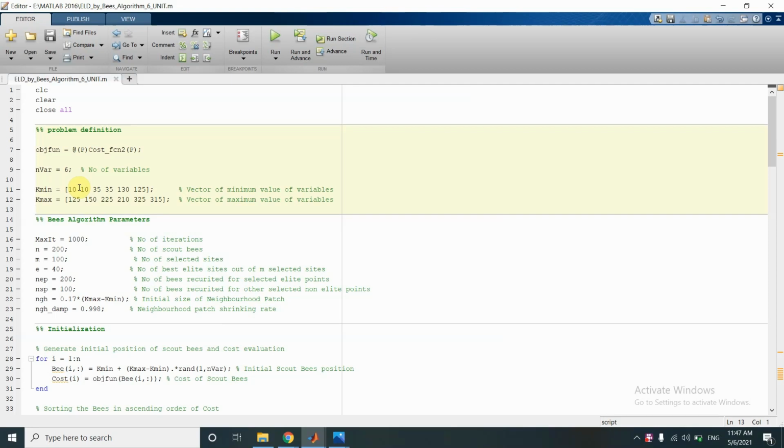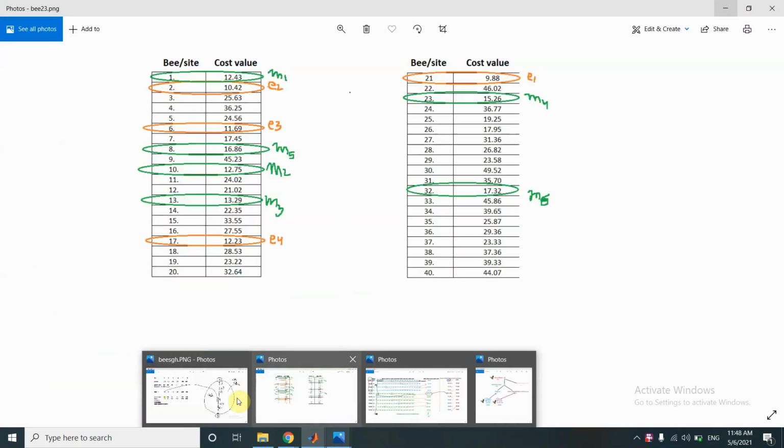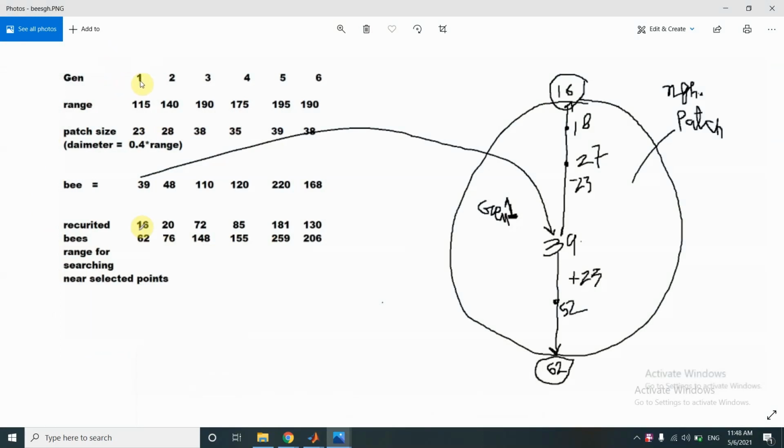And by radius, we mean that from any given point in the search space, how much forward or backward we can go to look for food in the neighborhood of that particular point. This is the patch, and this NGH denotes the patch radius.